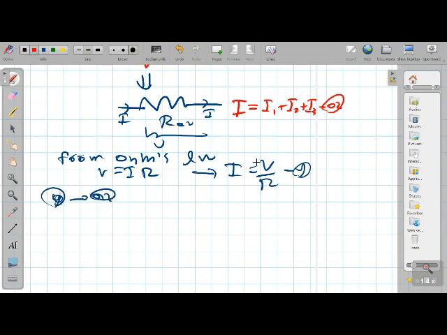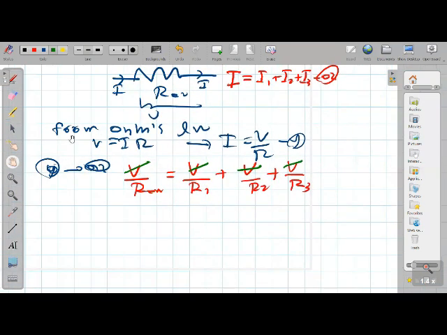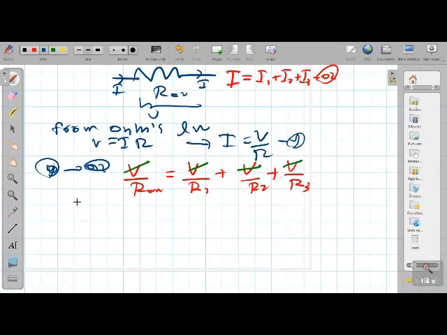What can I get now? The same voltage over REQ equals voltage over R1 plus voltage over R2 plus voltage over R3. Now each of these V terms cancels out of the equation. 1 over REQ equals 1 over R1 plus 1 over R2 plus 1 over R3.